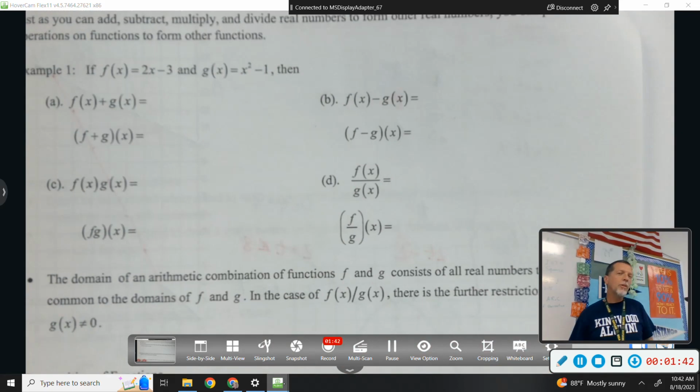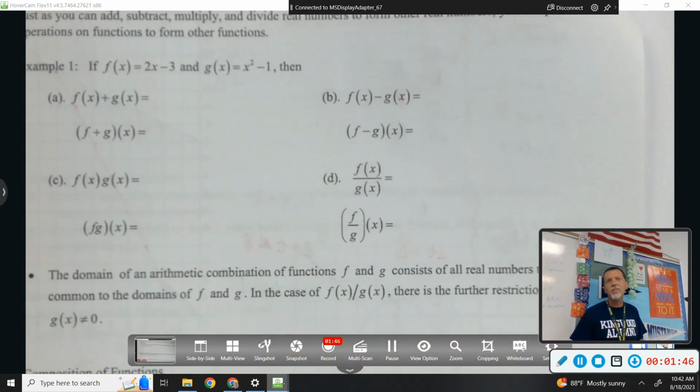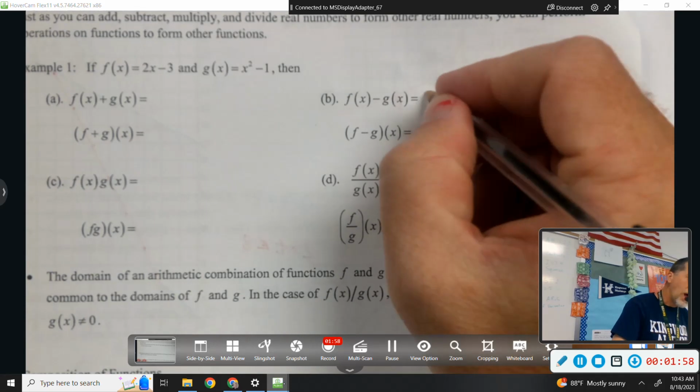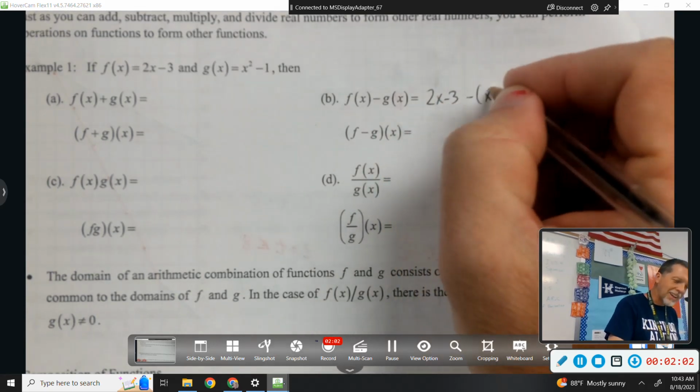Why would I want to do f minus g rather than f plus g? What's the mistake people are going to make? Because for minus g, you have to apply the negative.